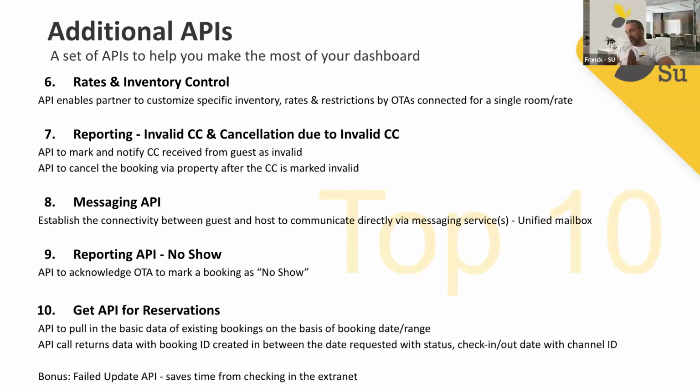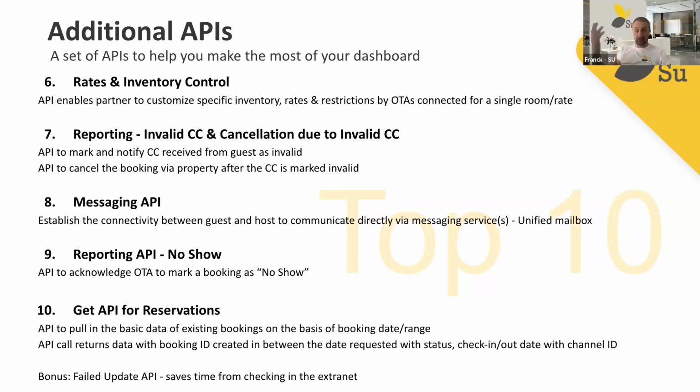The 10th one is the Get API for reservations. Sometimes you might have to go and fetch data just to double check things, or if you want to get a report of all the bookings that the hotel had on a given OTA. So we have APIs that help pull basic info on existing bookings for a time frame. The hotel wants to ping and get all the bookings for a week, a month, whatever.